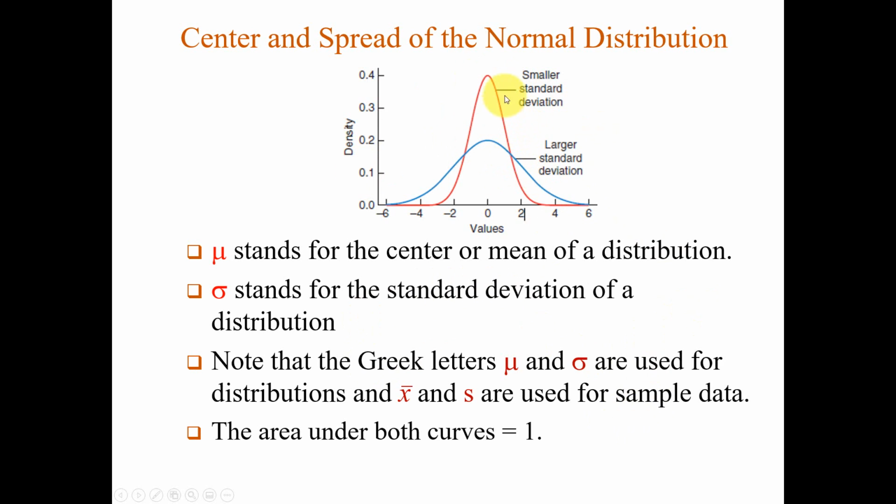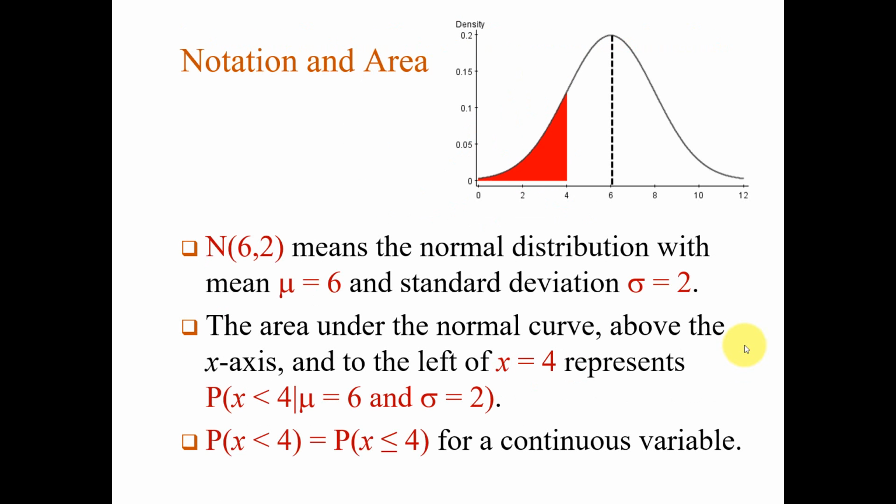You can see up here again, larger standard deviation is more spread out, smaller standard deviation is thinner. And the area under both of the curves is 1. So remember that.